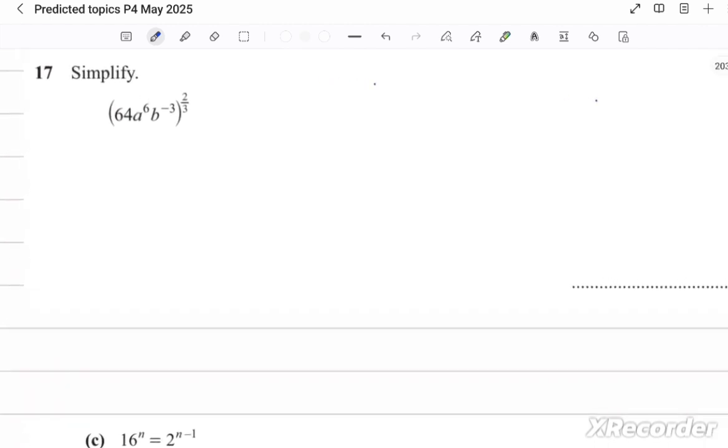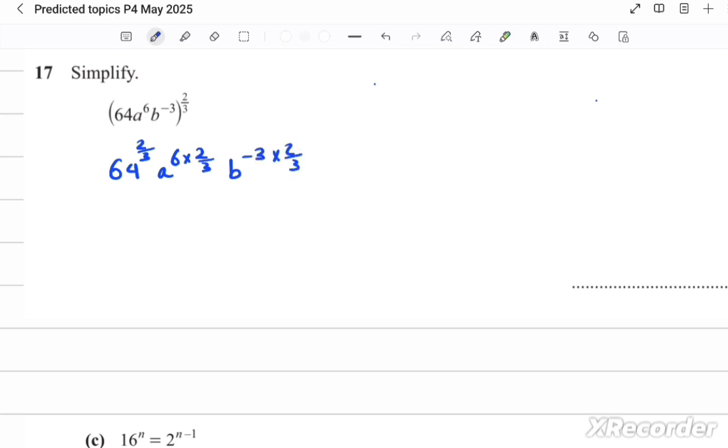Let's see. Now if you have 64 to the power of 2/3, you need to distribute this index to each one of them, and a to the power of 6 also 2/3, b to the power of negative 3 times 2/3.